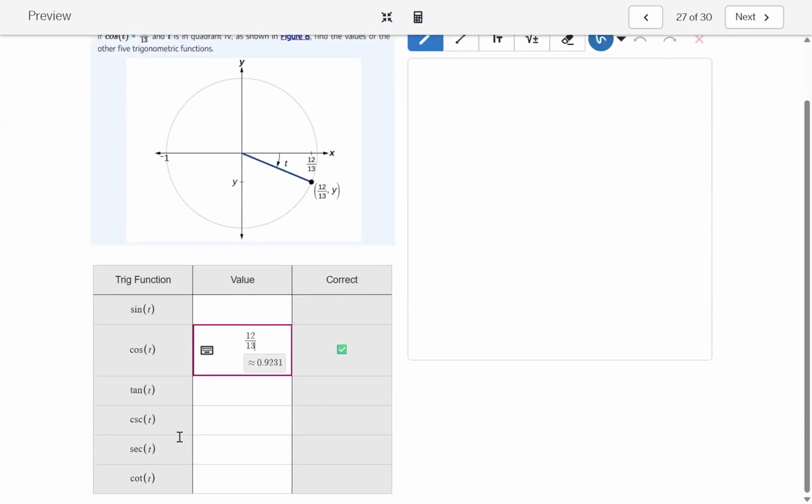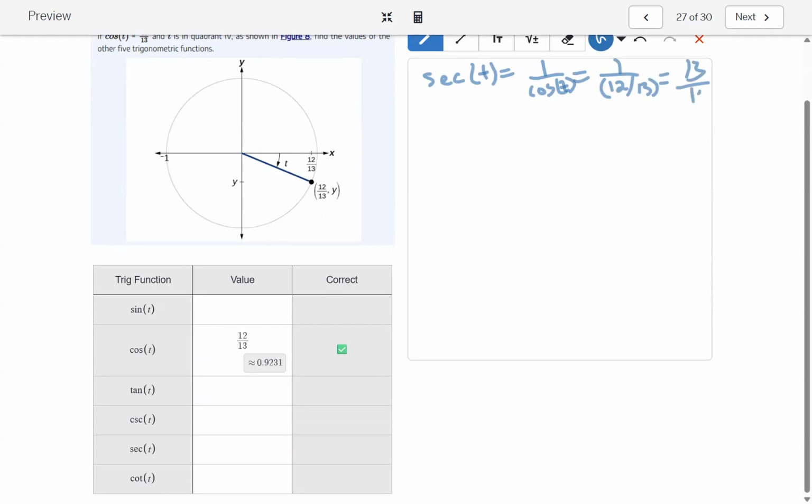Which one of these guys down here is the reciprocal of cosine? Yep. Secant is the reciprocal of cosine, so I may as well grab the low-hanging fruit. So that is 1 over 12/13, which becomes 13/12.